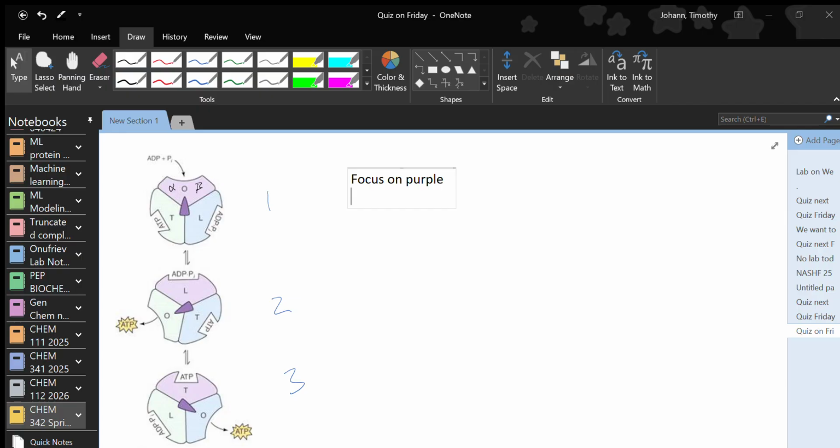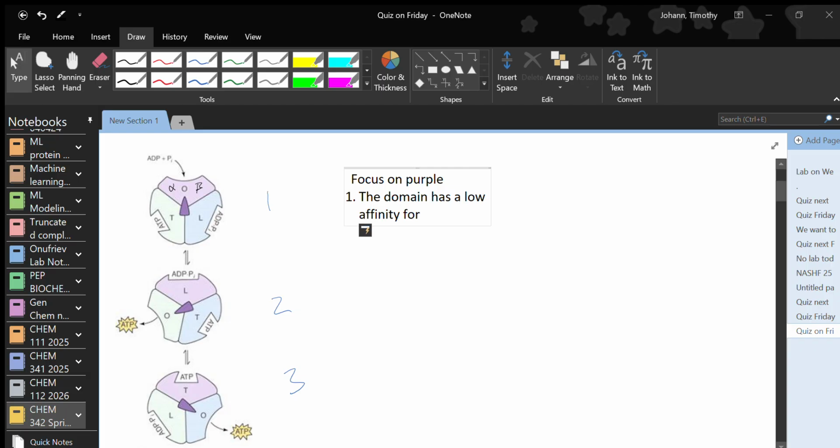And notice that at any given point, one of these is in one of the 3 conformations, and they're just going to all shift through. They are working slightly out of phase from one another. So 1, the domain has a low affinity for ATP. All right, and that just happened for this top one.